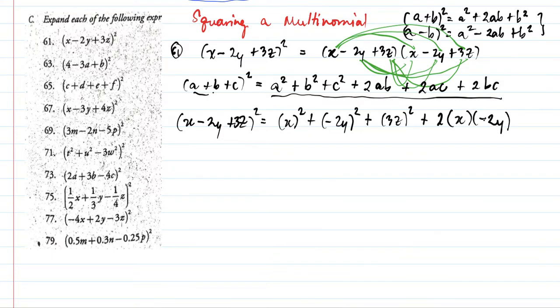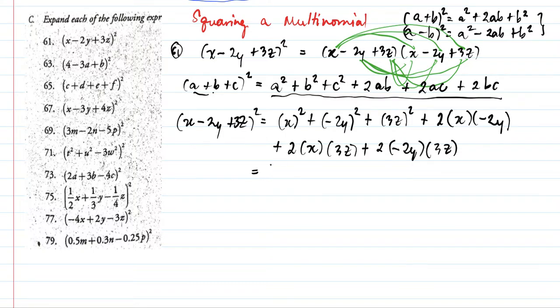Take note, I'm considering the sign. Plus, this one is AC, so that's x and 3z. So, 2 times x times 3z. Plus twice the other combination: negative 2y and 3z. So you see, the first combination is x and negative 2y. Then x and 3z, the first and the last. And lastly, negative 2y and 3z, the second to the last. And then all you have to do is simplify this.